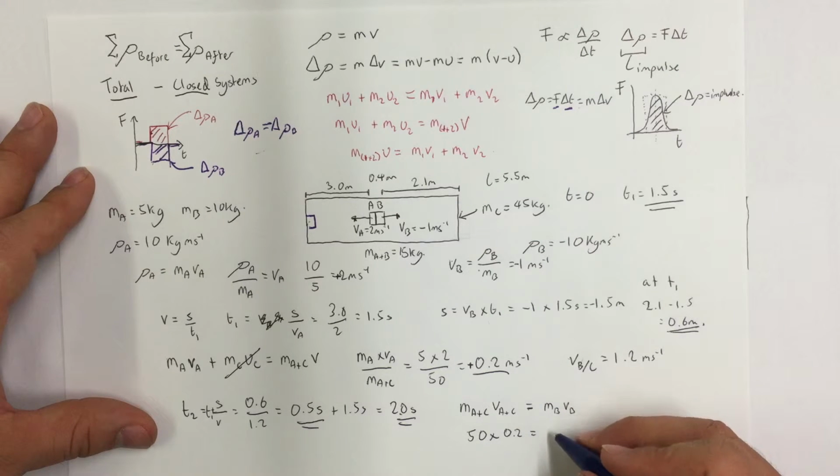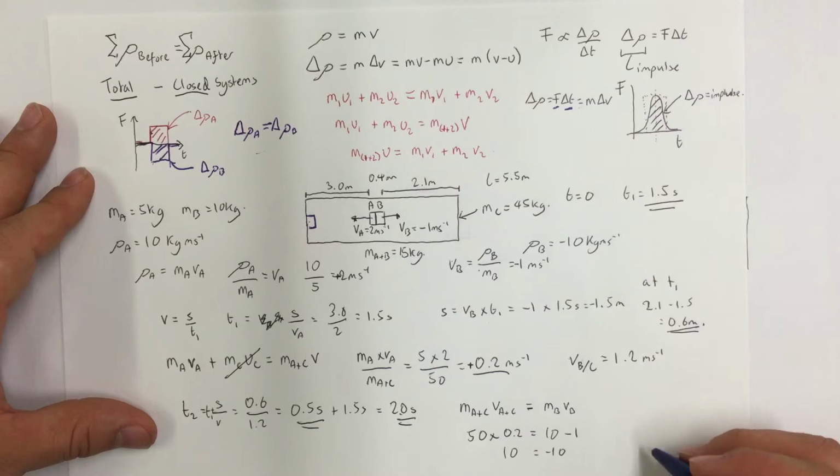And the mass of B is 10, and the velocity is -1. So this is 10, this is -10 kilogram meters per second.